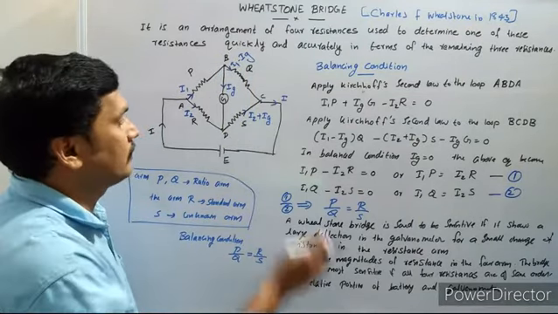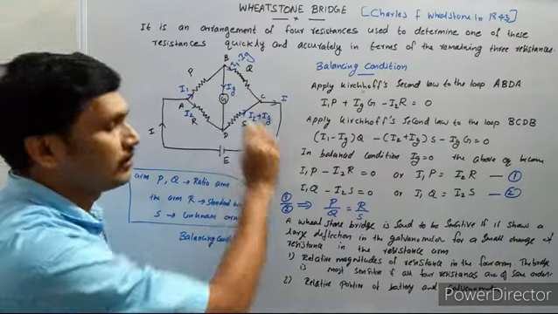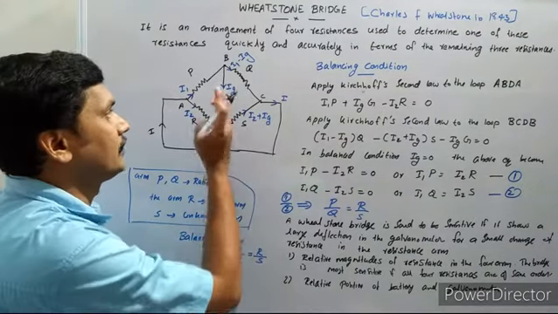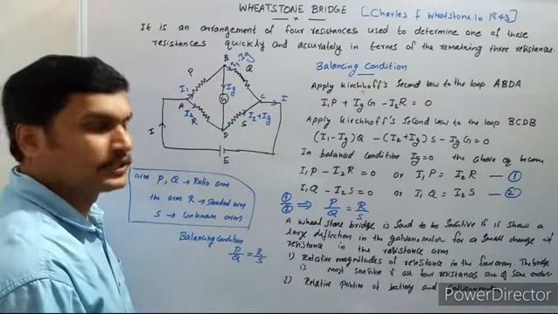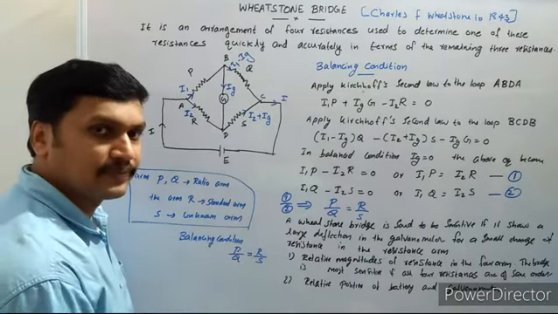No current through the galvanometer means Ig is equal to 0, and the galvanometer shows null deflection.